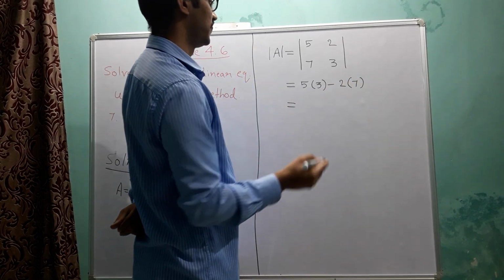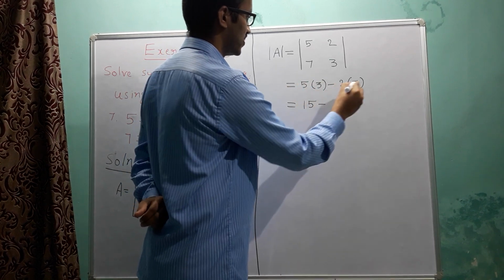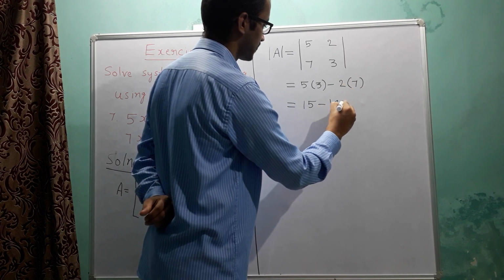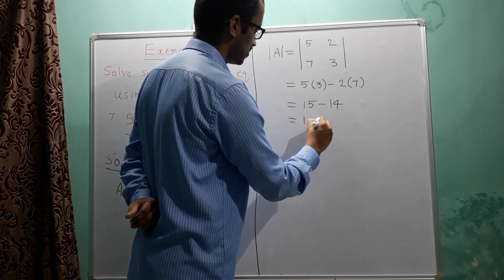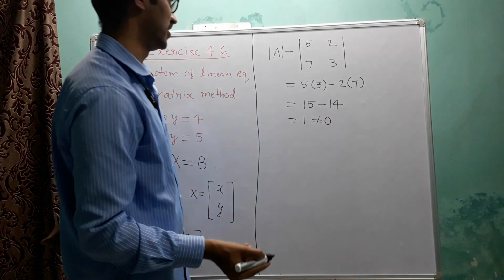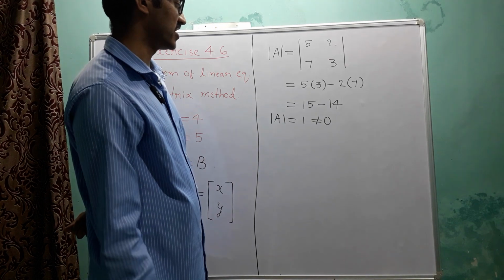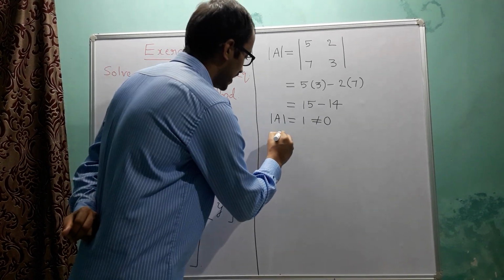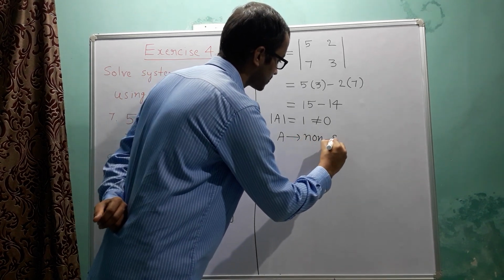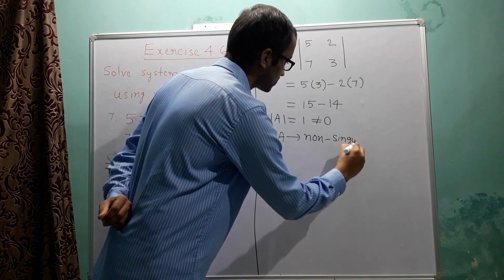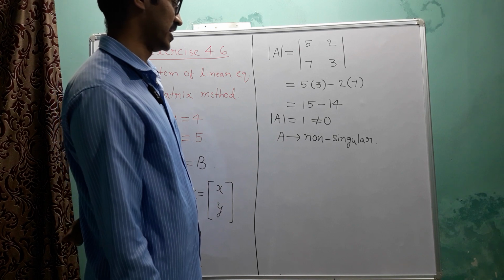That is 5 into 3 becomes 15, minus 2 into 7 becomes 14. 15 minus 14 is 1, which is not equal to 0. So determinant of A is not equal to 0, so A is a non-singular matrix.